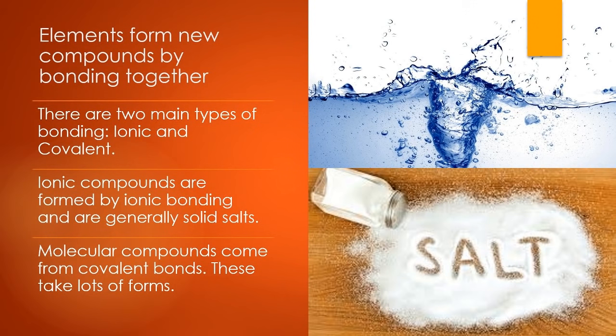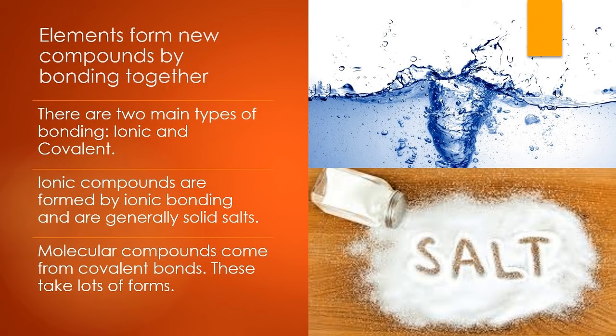The process can take place in two main ways we're going to discuss today. Those two main ways are through a sharing of electrons. That sharing of valence electrons creates a molecule, and that sharing is called a covalent bond.